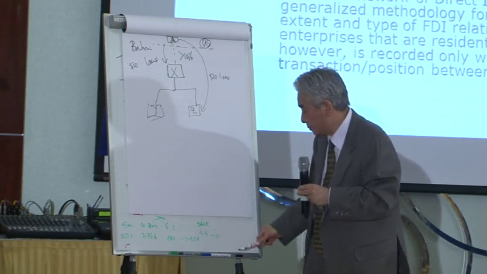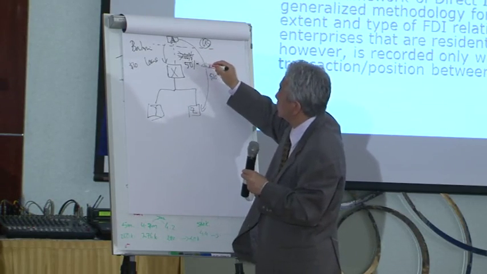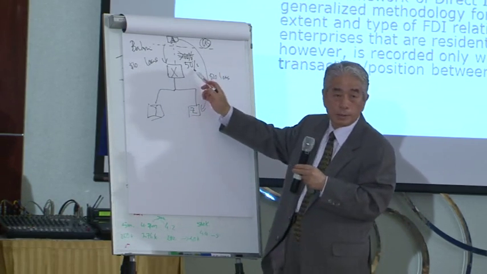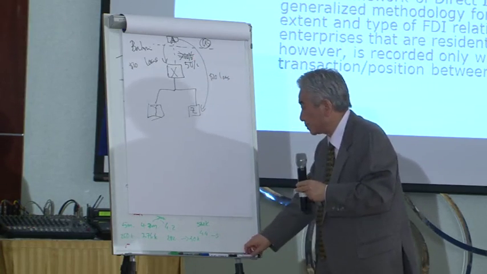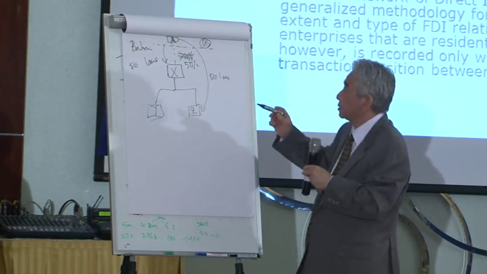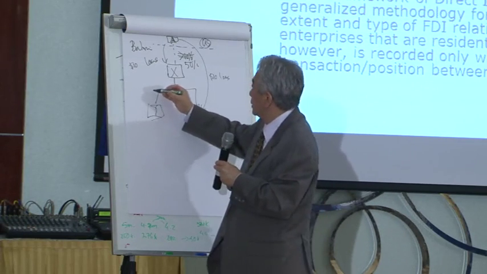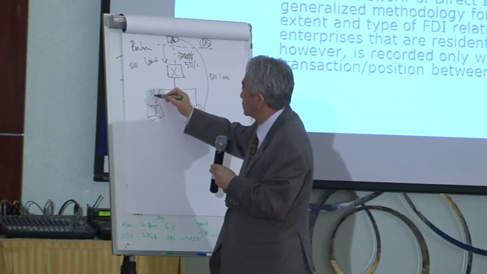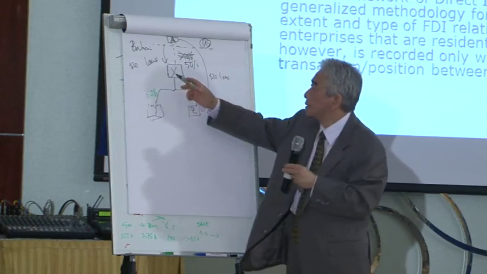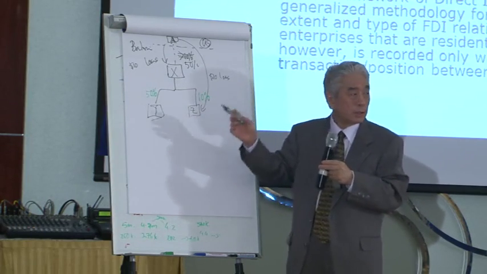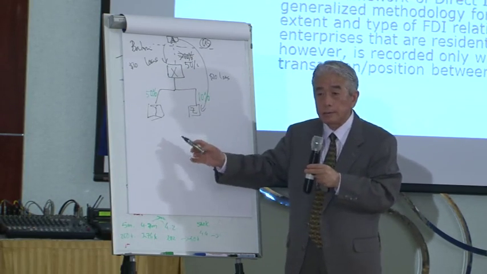How do they calculate? Let's consider, for example, that A owns X 50%. Suppose X owns Y 50%, and X owns Z 10%. Then you can easily calculate how much A owns Y or Z indirectly.